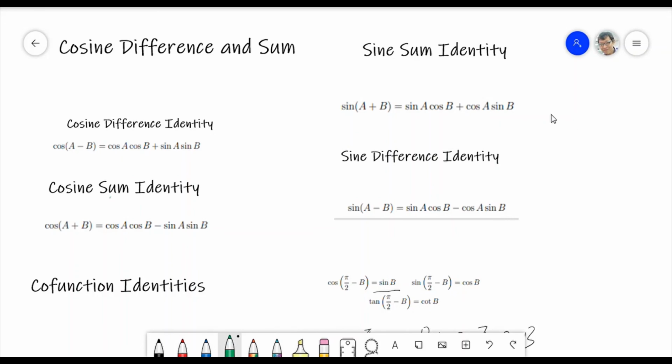As one application, in sine of a plus b, if we treat a as equal to b, it will look like sine 2b, right? Sine 2b equals sine b cosine b plus cosine b sine b.